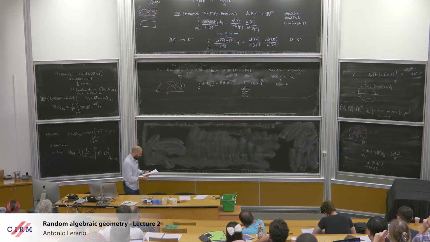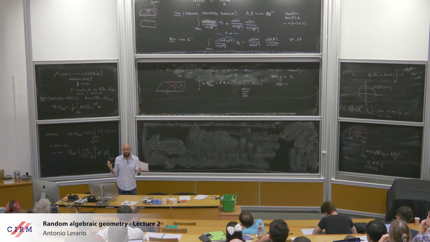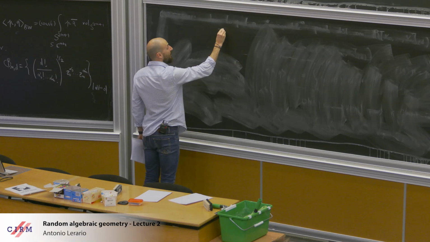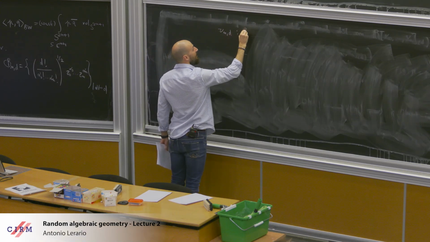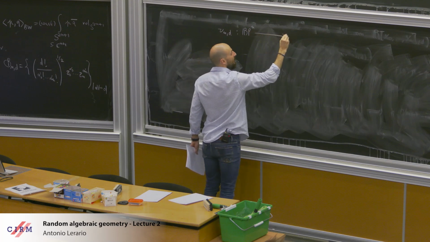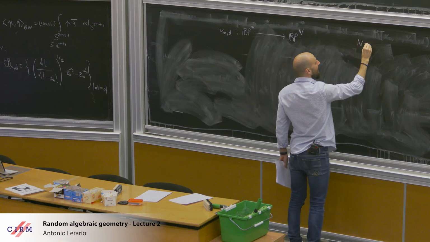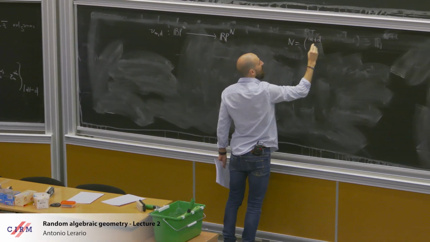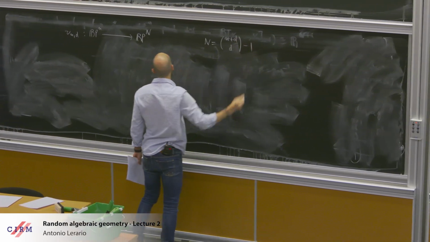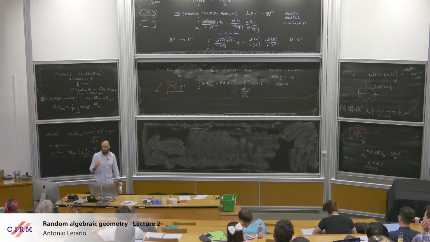So we do the following. I want to apply the integral geometry formula, but I need to choose in an appropriate way the object I am intersecting. So consider the Veronese map into RP^N, where this big N is (n+d choose d) minus 1. Of course, it's the projectivization of the space of polynomials.